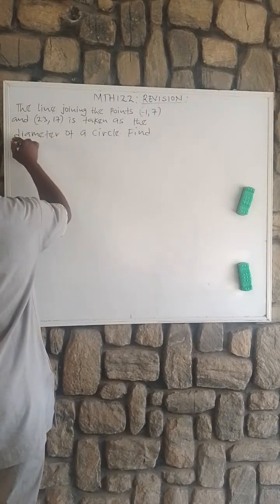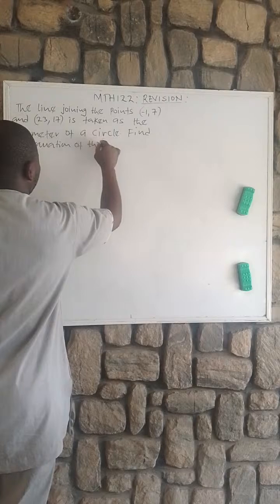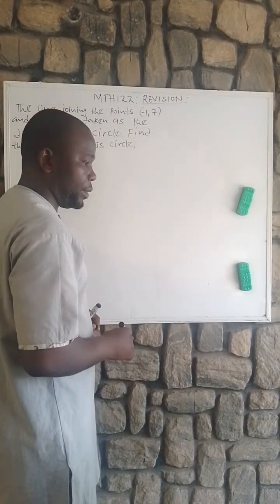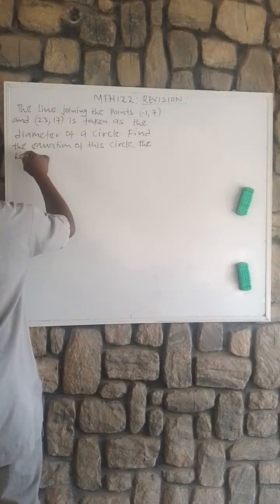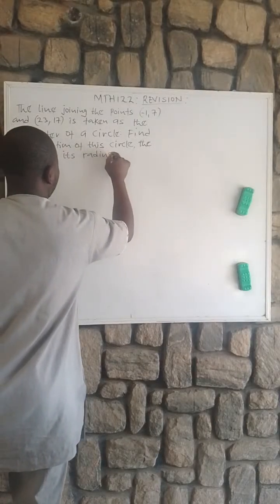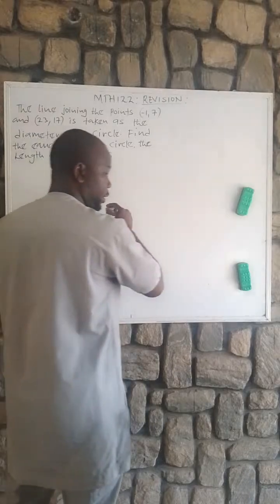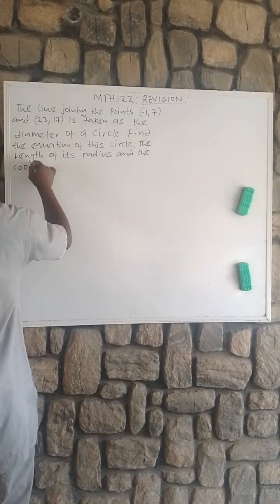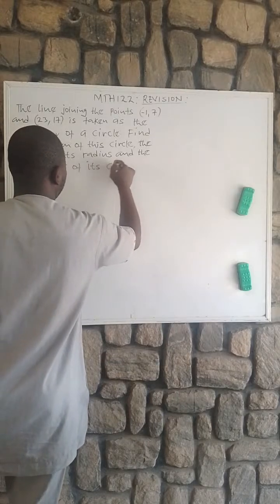Find the equation of this circle, the length of its radius, and the coordinates of its center.